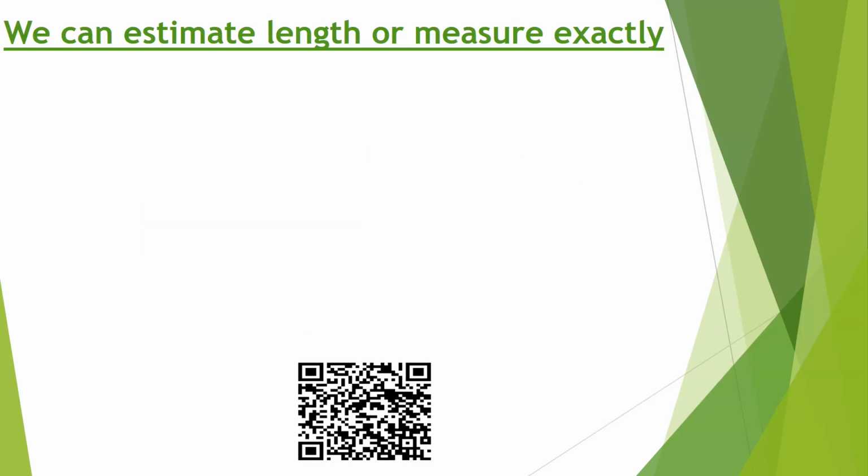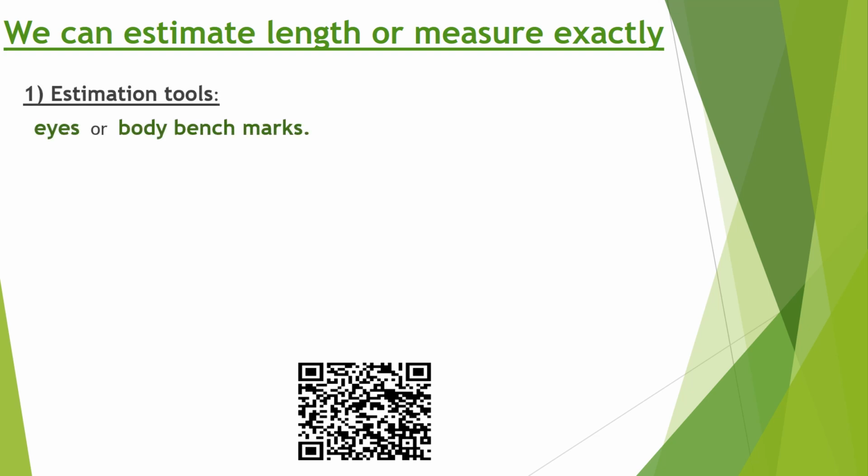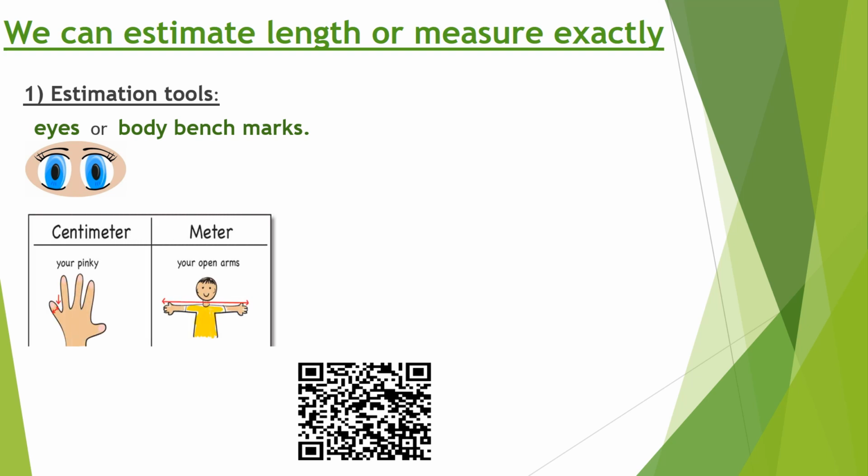We can estimate length or measure exactly. So we have 2 ways to measure length. Maybe by estimation. By estimation, it means I can look at a pen and tell my friend that it's about 10 centimeters, but I didn't measure it. So I can use my eyes or my body benchmark.